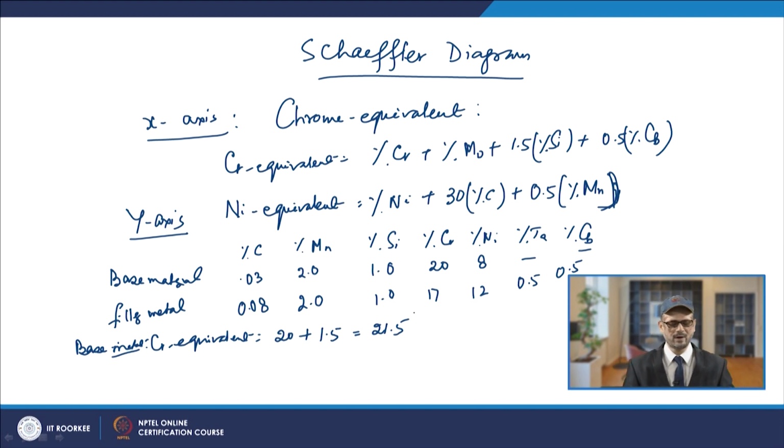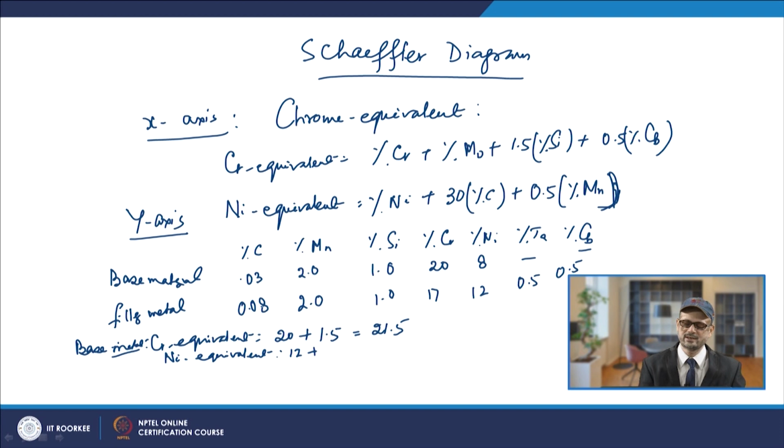And if you find the nickel equivalent, it will be percentage nickel. So nickel is 12, and then you have 30 times percentage carbon.